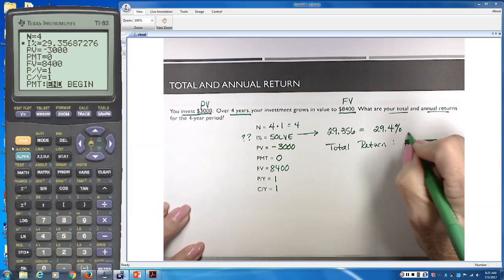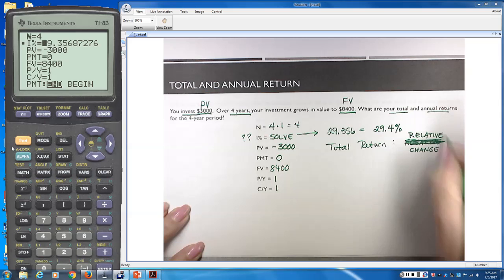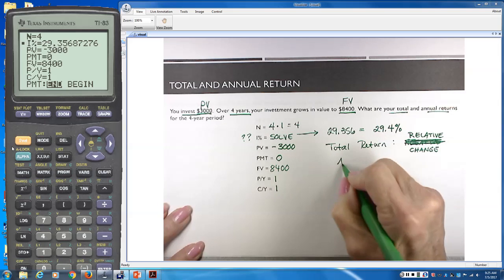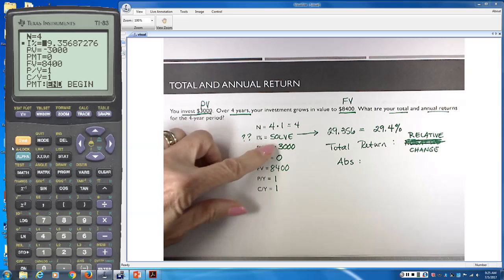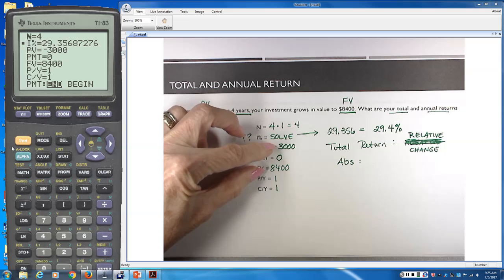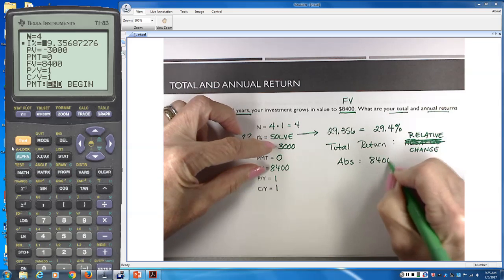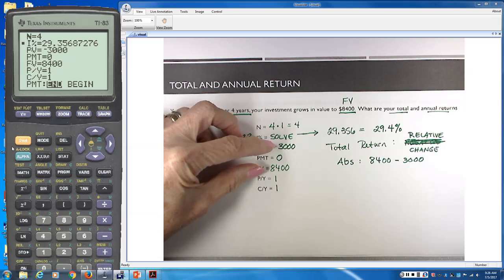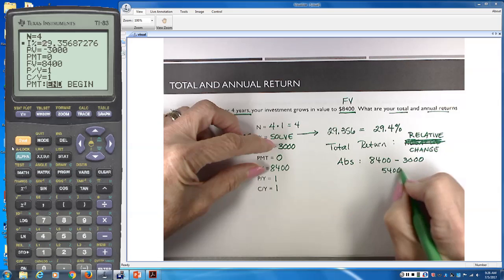It's going to be the relative change. And you know how to do a relative change. That's absolute change. The absolute change from 3,000 to 8,400 is going to be positive. So it's going to have to be the 8,400 minus the 3,000. And that's going to be 5,400.